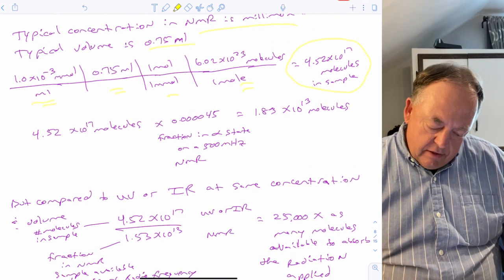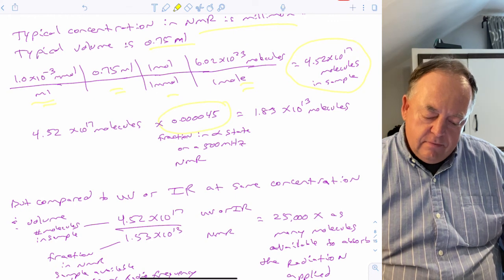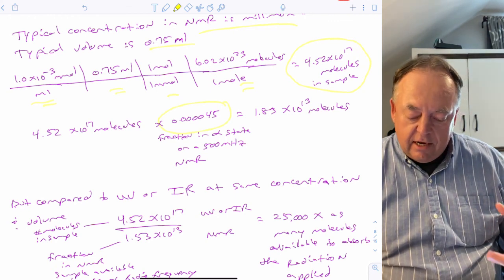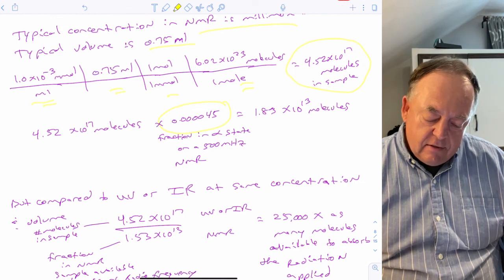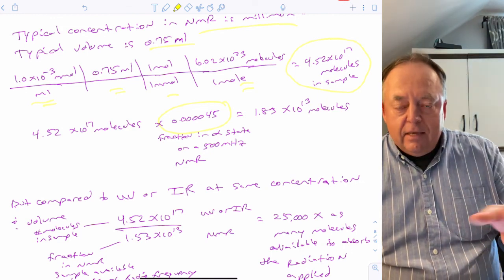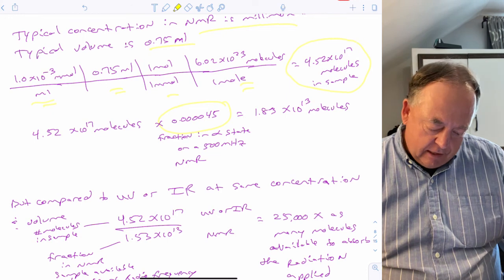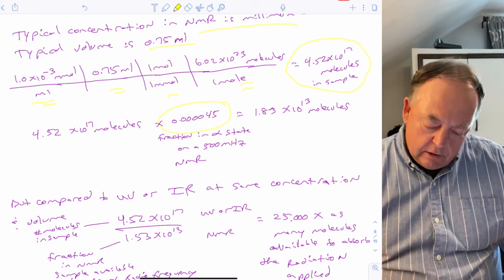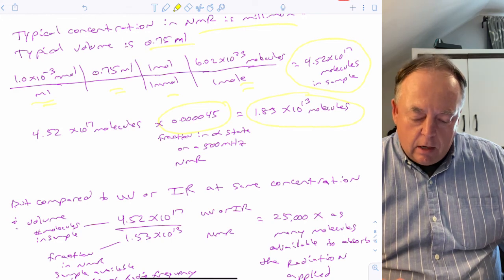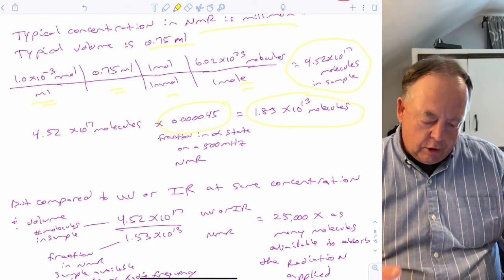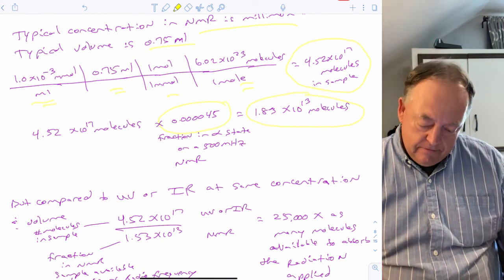But there's only this fraction of them available in the alpha state. That's the fraction that's available to absorb or emit this energy that you're going to detect. So out of that 4.52 times 10 to the 17 molecules, only 1.83 times 10 to the 13 molecules are going to give the signal in the NMR.